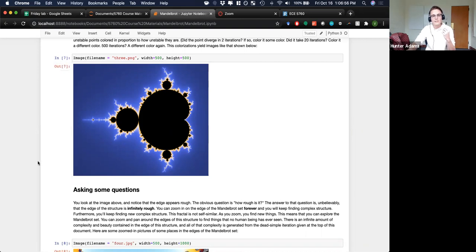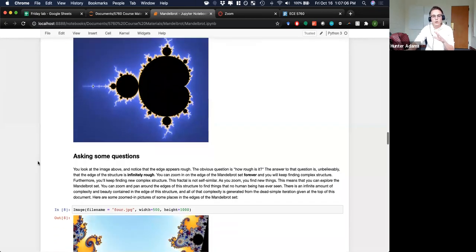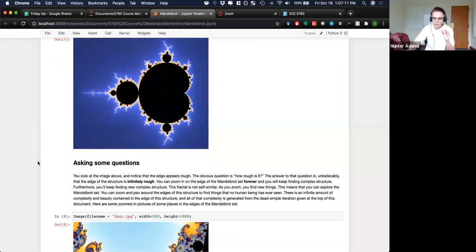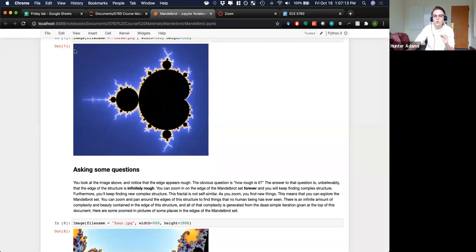So in the drum, every one of your parallel pipes had exactly the same amount of computation to do. This time, you need to worry about load balancing, right? You need to think quite carefully about how you are going to divvy up all of these pixels among your various solvers so that each solver has approximately the same amount of computation to do.